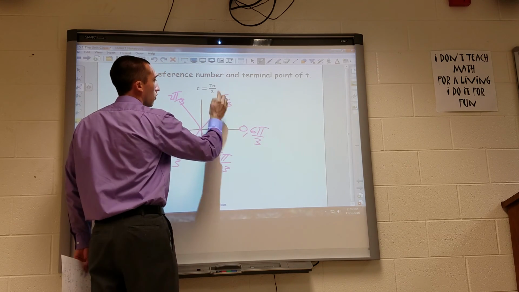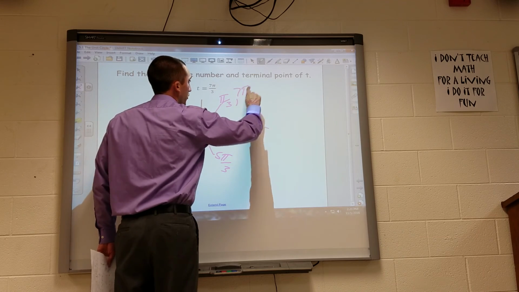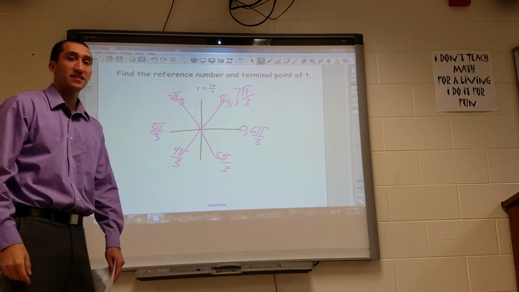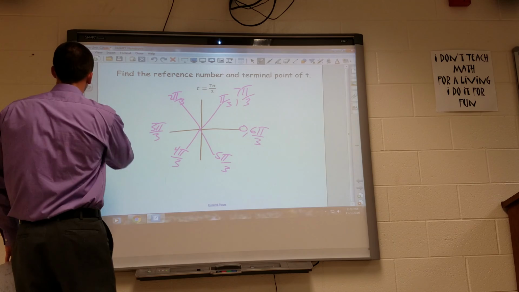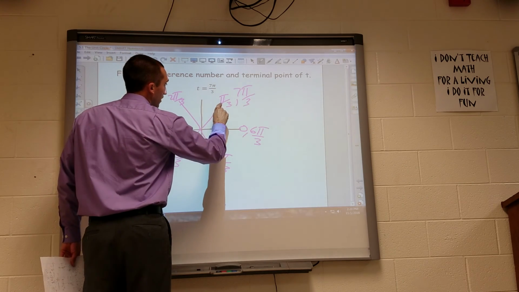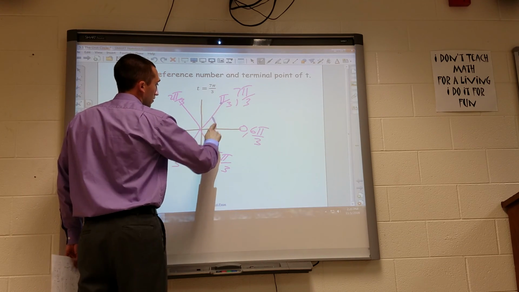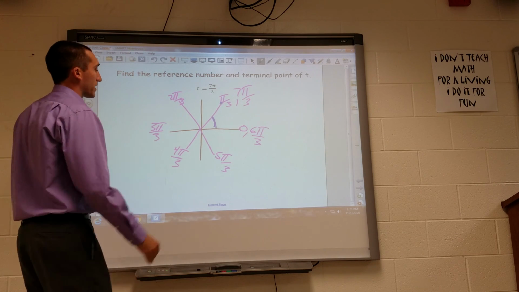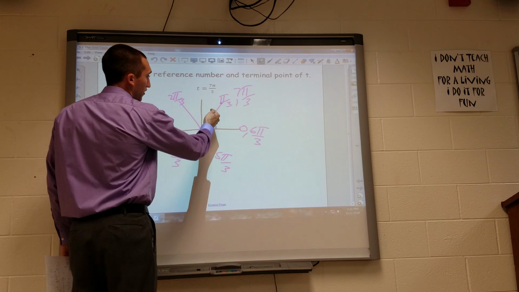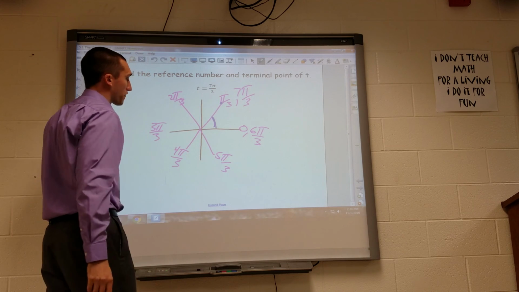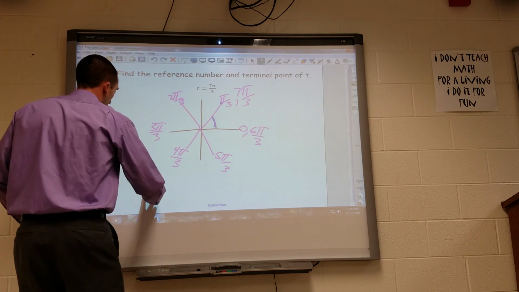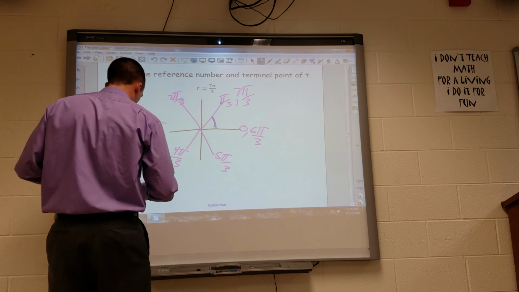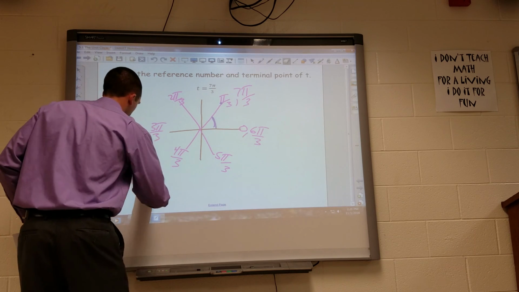Okay, then I still need to go one more, so pi over 3 is also the same as 7 pi over 3. That'll give me the same point on the unit circle because they have the same reference number. So I can see here that my reference number is pi over 3 because that's how far away from the x-axis I am.